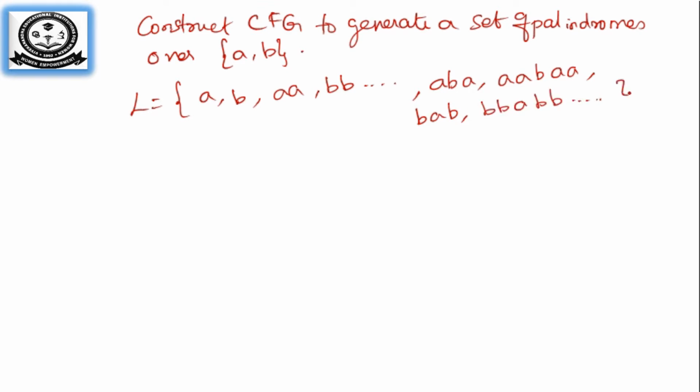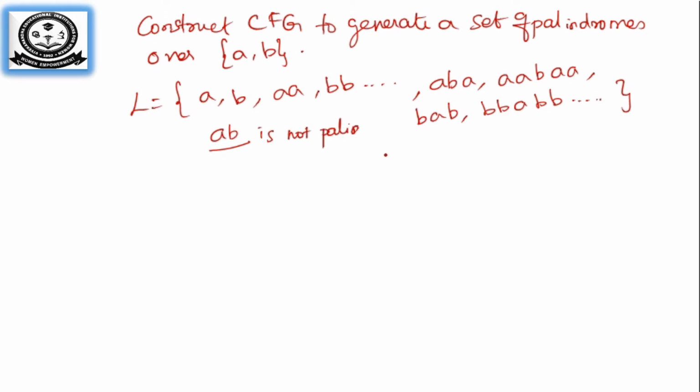Similarly, you can have multiple combinations. So this is the language that can be generated for a set of palindromes with the variables A and B. What you can't have here is AB, because AB is not a palindrome.